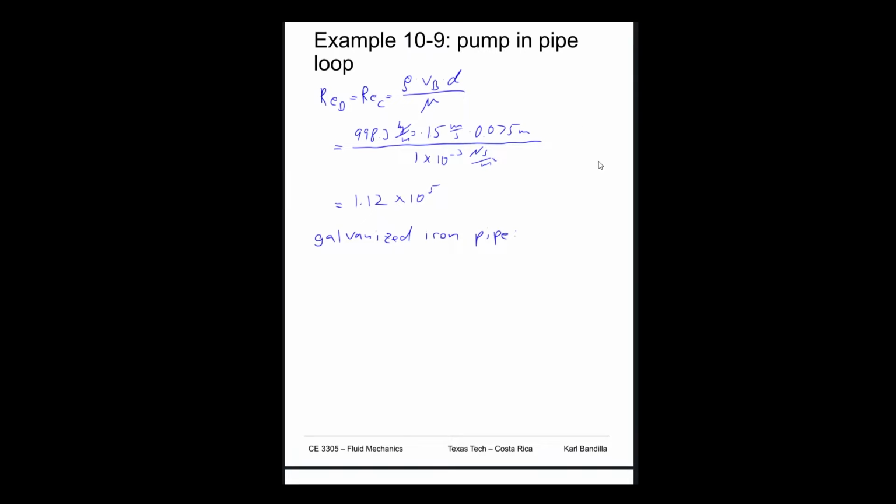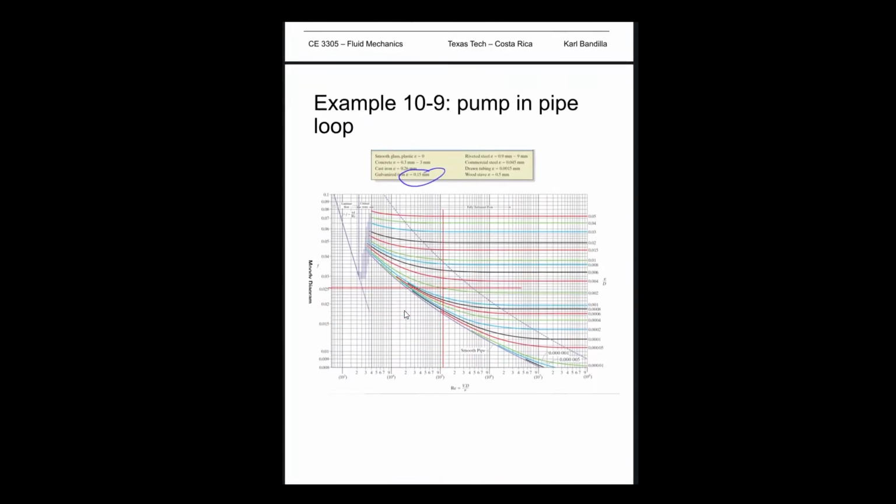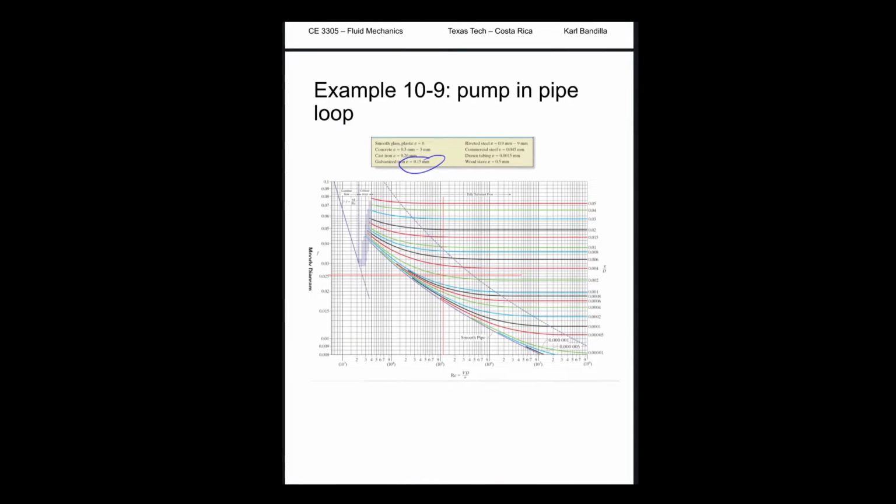Epsilon is equal to 0.15 millimeters. That means epsilon over D is 0.15 millimeters divided by 75 millimeters, equal to 0.002. All right.